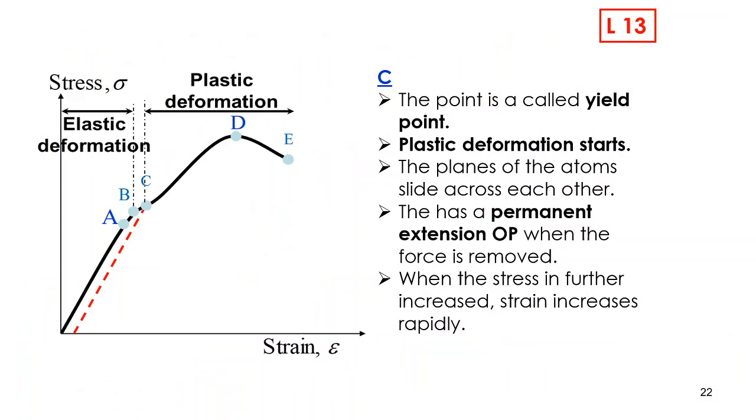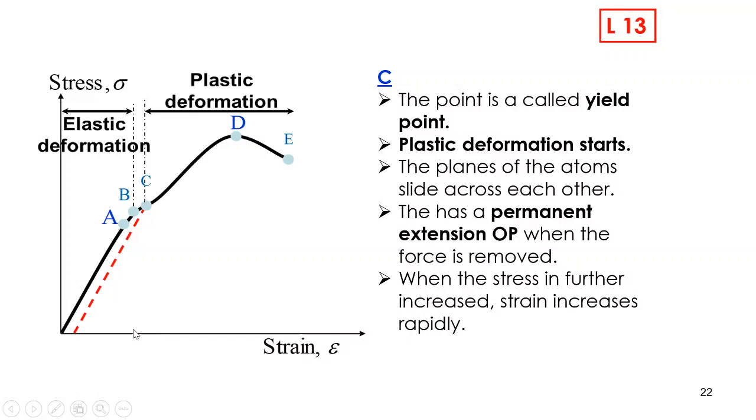Okay, point C. What is point C? The point C is called a yield point. This is where plastic deformation starts. So if you were to remove stress at this point, it won't get back to point O as we started with. It would be slightly longer, because the wire now has a permanent extension OP when the force is removed.